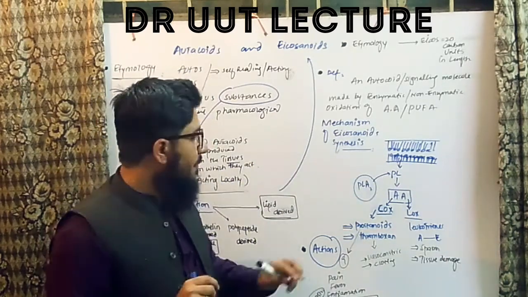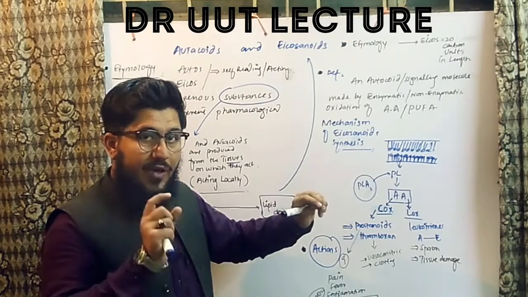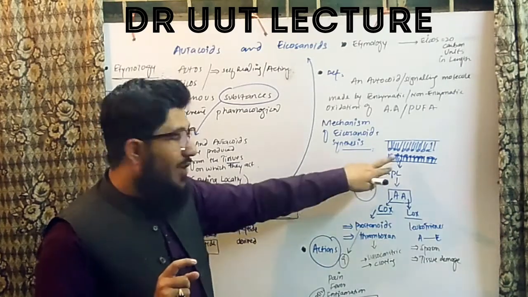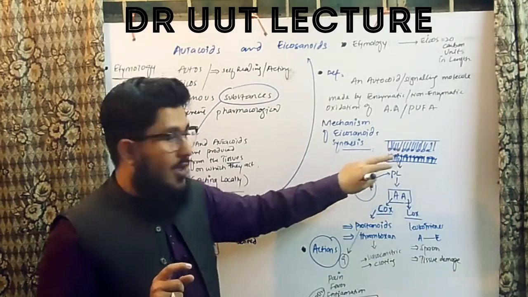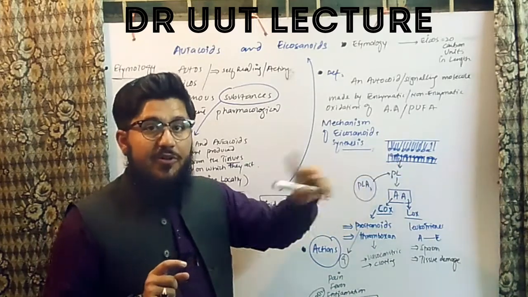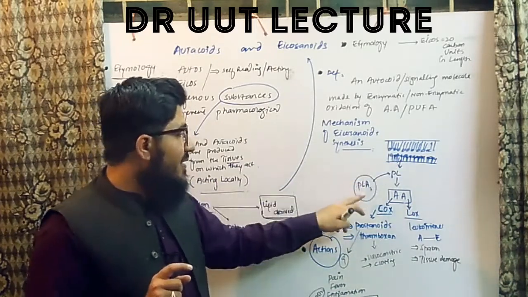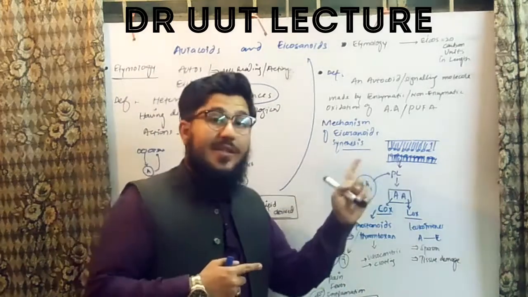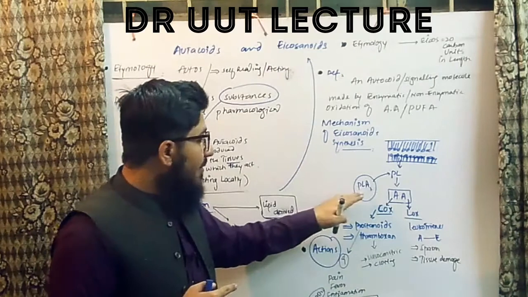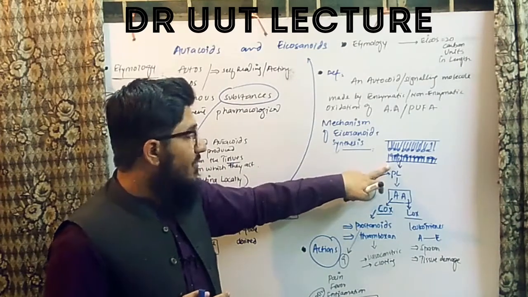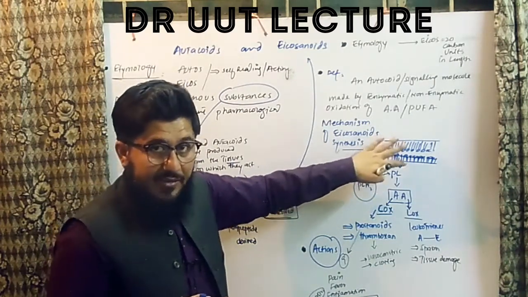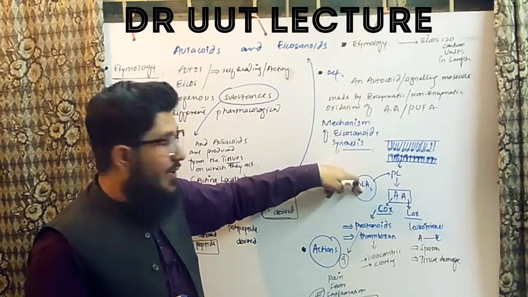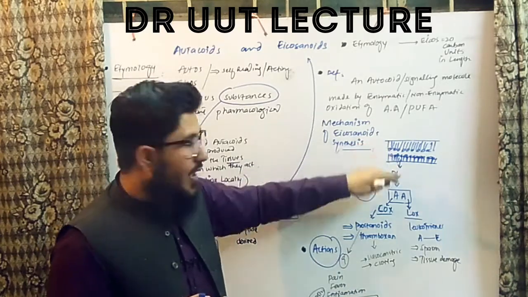On this lipid, which is known as phospholipid, we have some enzymes, phospholipase A2. These act on the phospholipids. Phospholipase A2 will act on the phospholipid of the lipid bilayer membrane and convert the phospholipid into arachidonic acid.